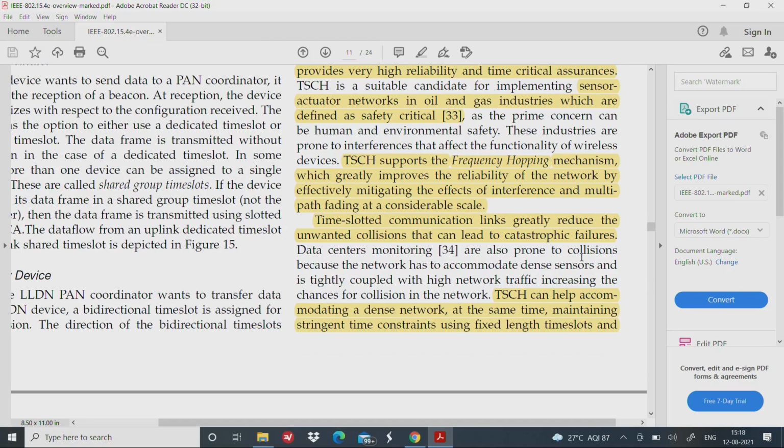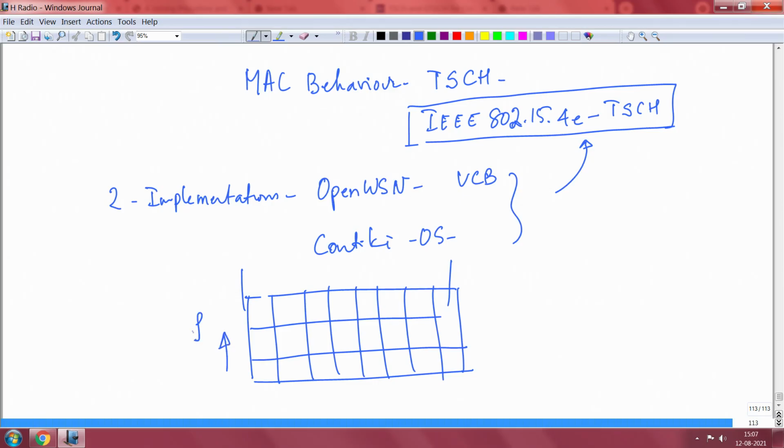What this simply means is, if you take a large frame, I recall having mentioned this to you already, but quickly I will write it for you. This is the frequency, and this is the time, and this is one time slot, right. This is one time slot, and it can go on like this.